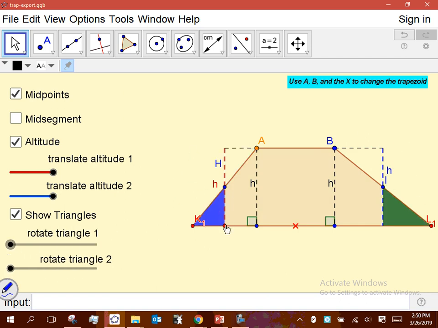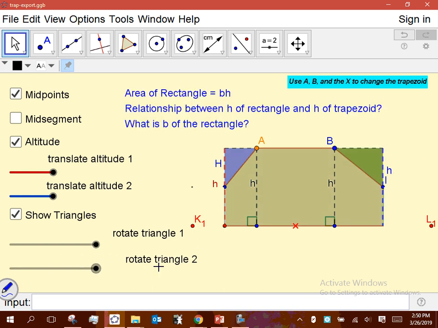Okay. Now remember what we did here. This was an altitude right here, correct? This distance here, altitude. So isn't this a right angle where my cursor is? Isn't this a right angle where my cursor is? Okay. So when I rotate, didn't that become a right angle now? So right angle, right angle, right angle, right angle. What is that shape that I just created? A rectangle.